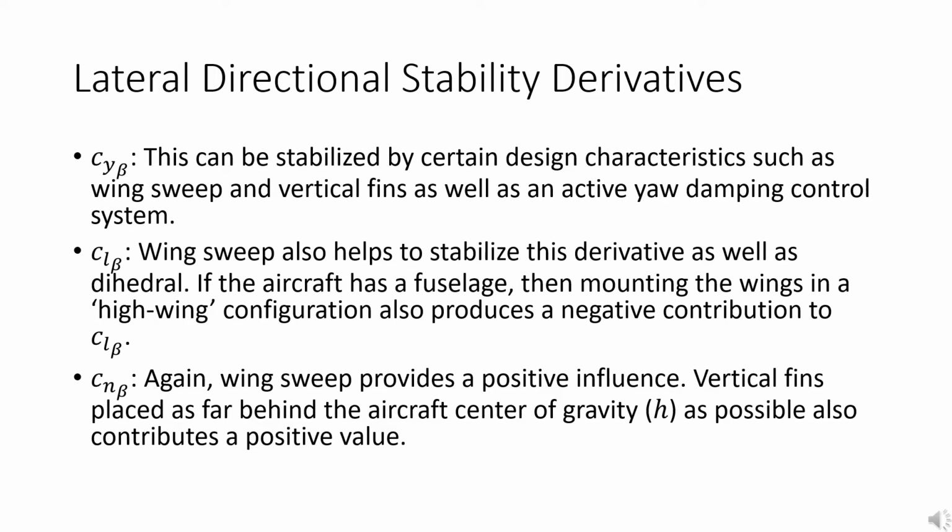The side slip contribution to roll is stabilized by wing sweep as well as dihedral. If the aircraft has a fuselage, then mounting the wings in a high wing configuration can also add roll stability. Side slip contribution to the yawing moment is affected by, again, wing sweep. Vertical fins also stabilize this derivative as long as they are placed behind the center of gravity.